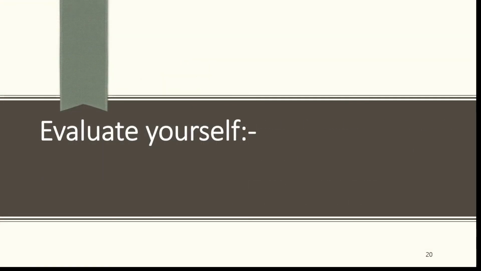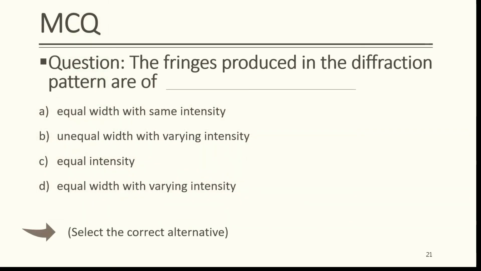Okay, now it's time that we test our understanding of what we have covered in this session and apply that to the next set of questions. So we have very easy questions at hand. It is an MCQ. The fringes produced in the diffraction pattern are of dash.